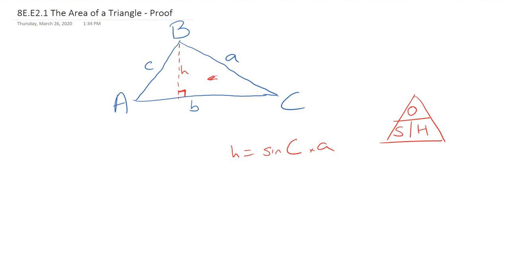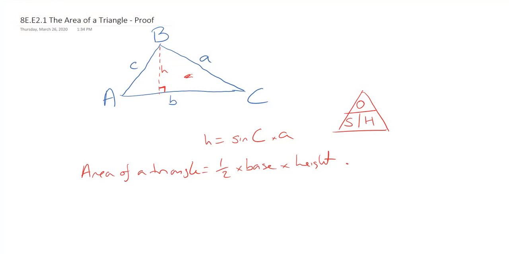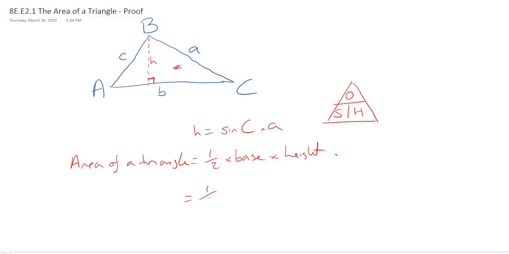Well, we know a formula already for the area of a triangle. The area of a triangle is half times the base times the height. Well, let's use that formula, but in the context of our triangle, it's going to be a half. The base, lucky for us, is b.